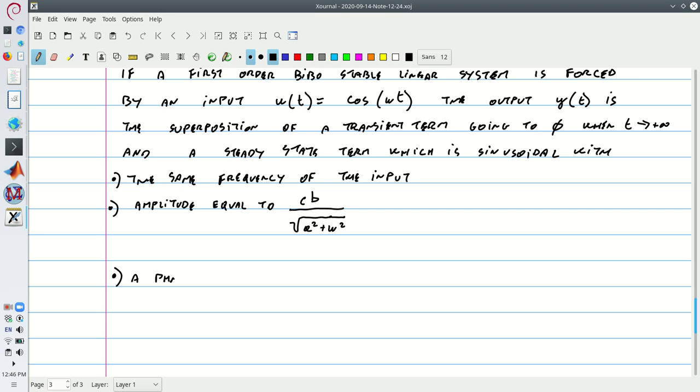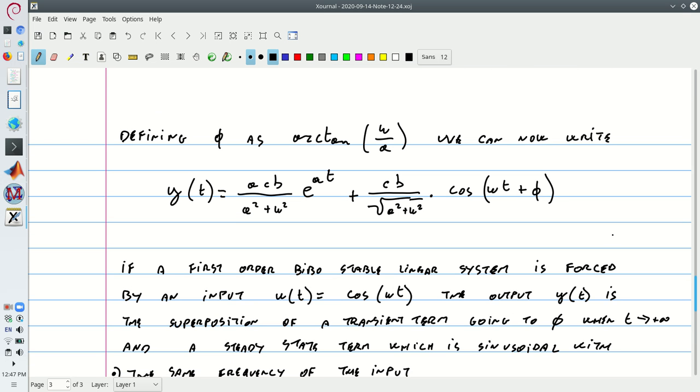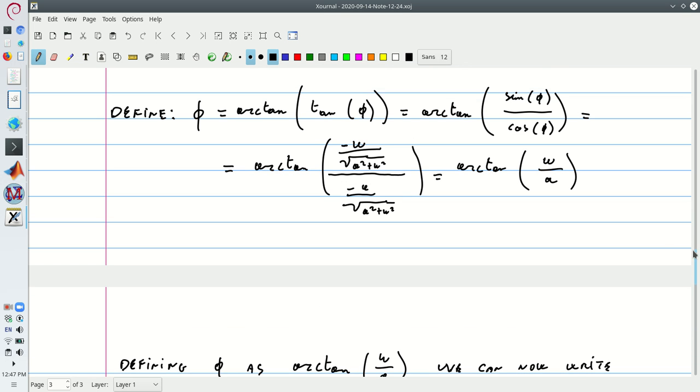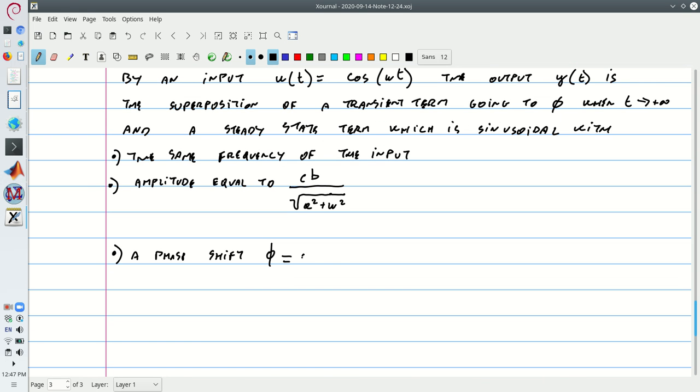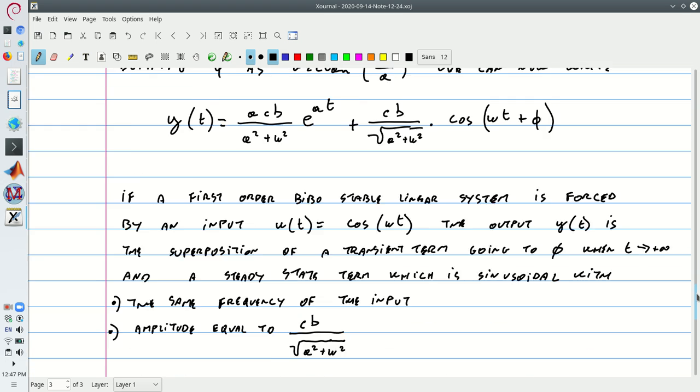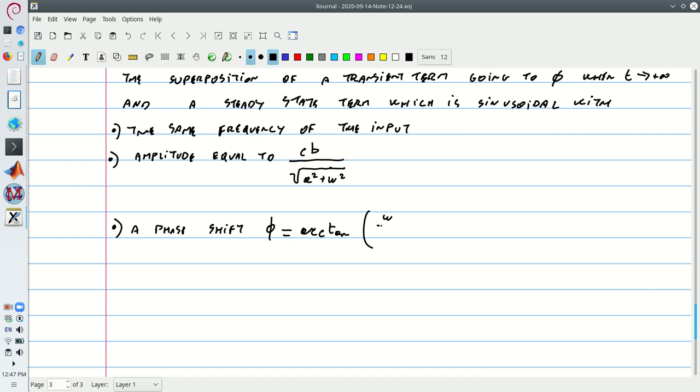A phase shift phi that is equal to, and we have computed here, arctan of omega divided by A. Remember, omega is positive, but A is a negative quantity.